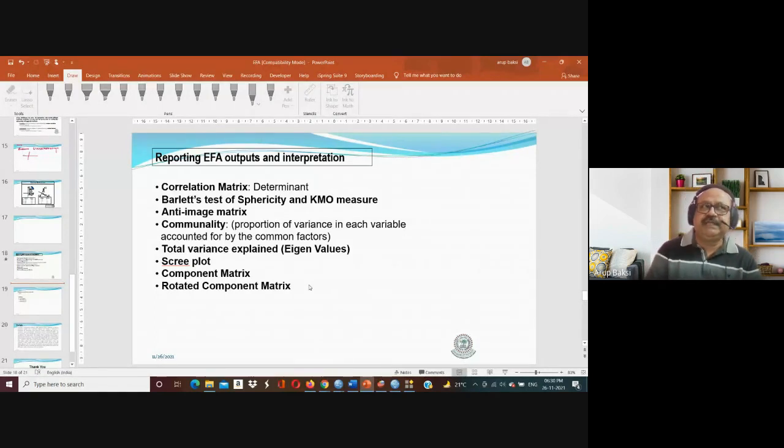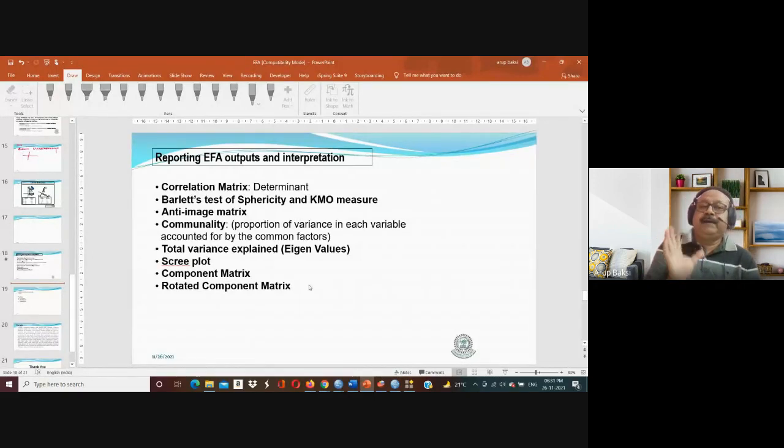If you are proceeding to CFA, that means confirmatory factor analysis, and subsequently switching from an interdependence technique to a dependence technique, that means from CFA you are going to structural equation modeling by identifying dependent and independent variables by virtue of conducting the CFA, you need not go for explicit representation of EFA outputs.